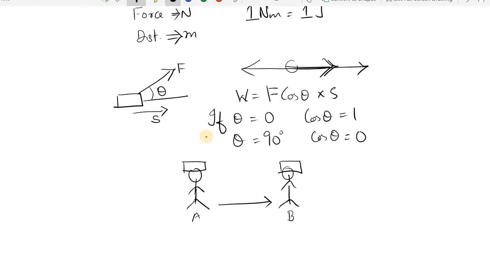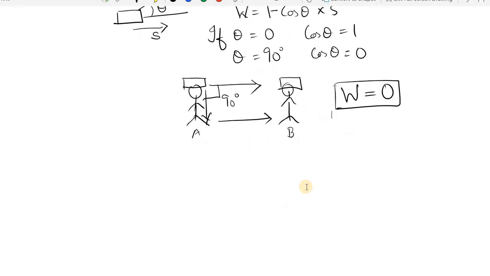The force of gravity is pulling this down, but the direction in which it has moved is towards the right. So the angle between the direction and the force is 90 degrees. So here the work done equals 0.